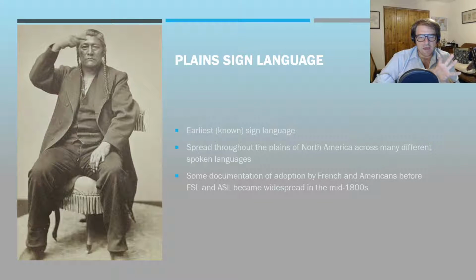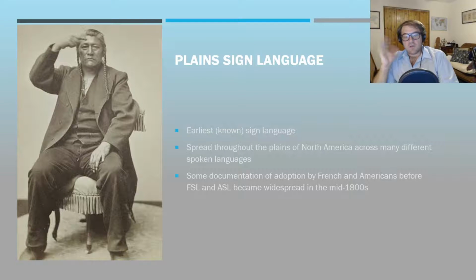So they used that until French Sign Language and American Sign Language became a little bit more widespread in the early to mid 1800s. So it was a really influential and useful sign language. Again, one of the earliest known ones. Unfortunately, there are not many people who know how to speak this anymore. So that's like an absolute bummer.